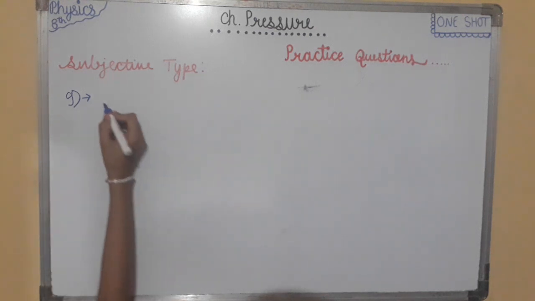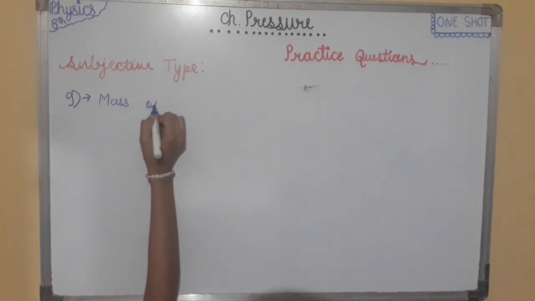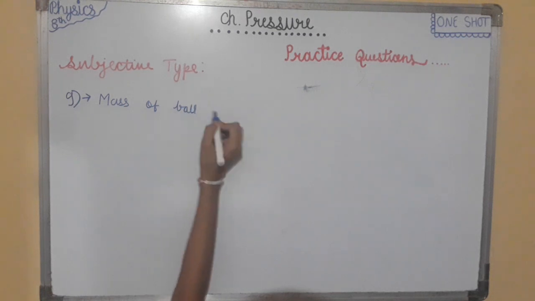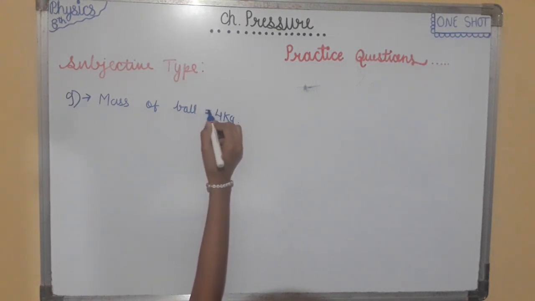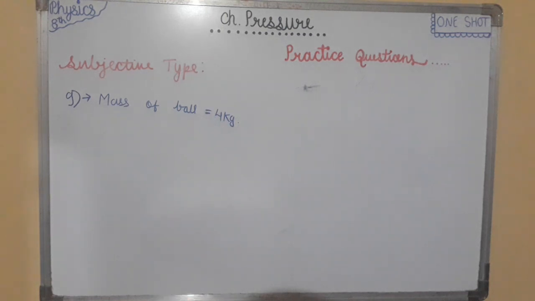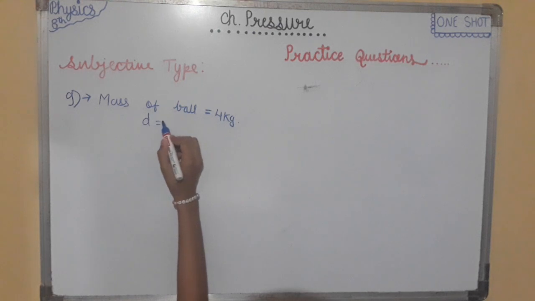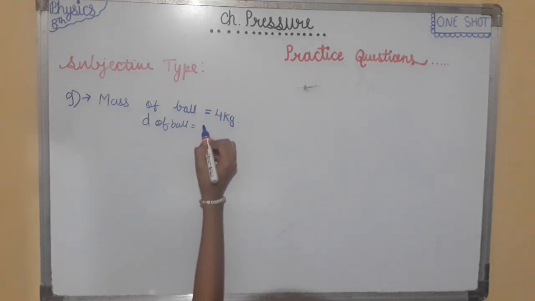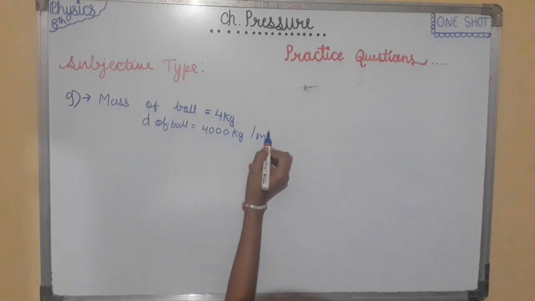So given is mass of ball is equal to 4 kg. Density of ball is equal to 4000 kg per meter cube.